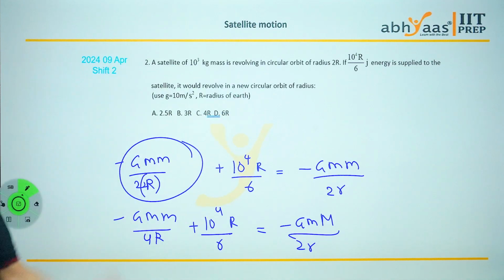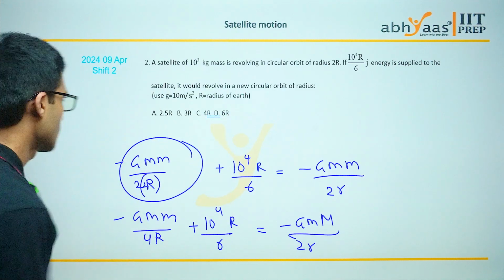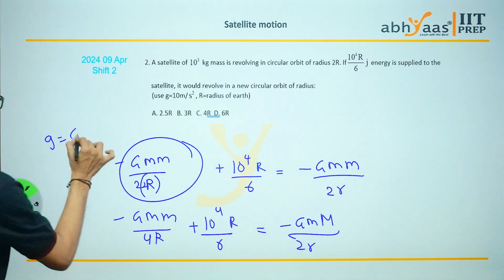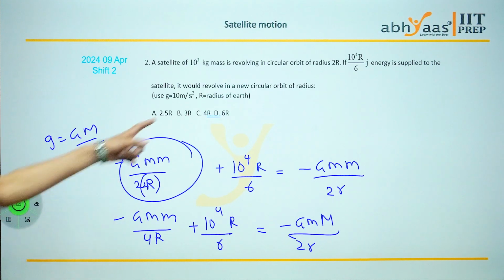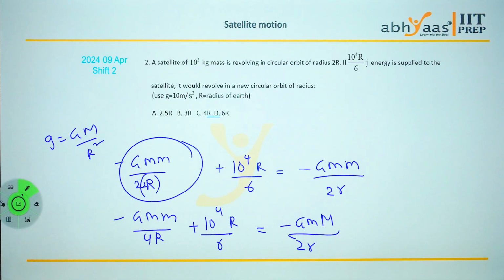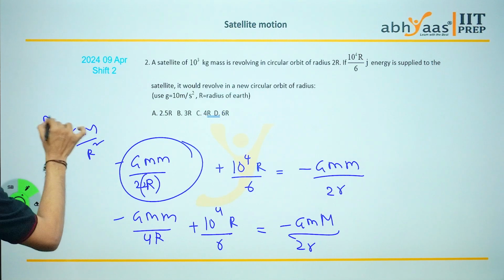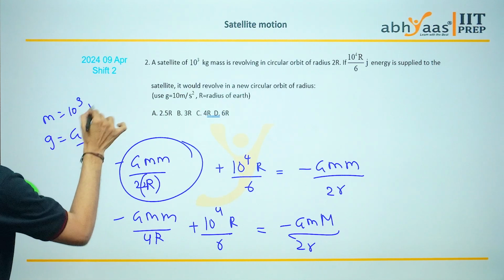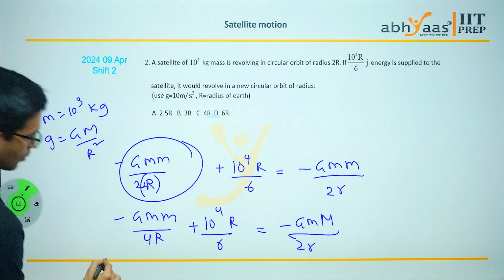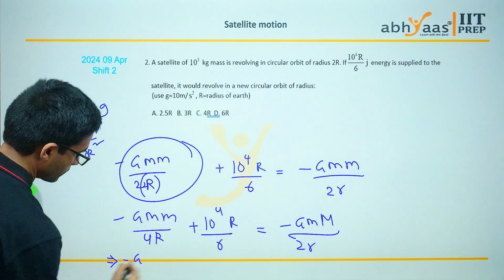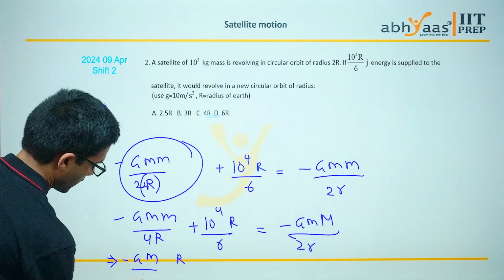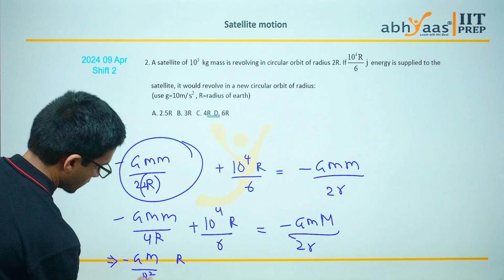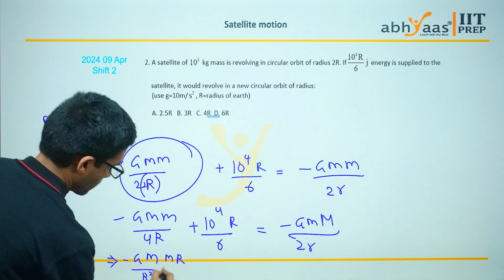So this problem is also the easiest. Here the g value is given, you know, g is equal to GM by r square. And what are the other things he has given? Mass is given as 10 cube. So I want to convert in this way. Minus GM by r square, that means r I am multiplying here, keeping r square, so Mr by 4.